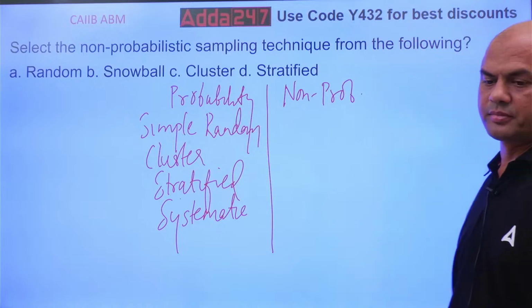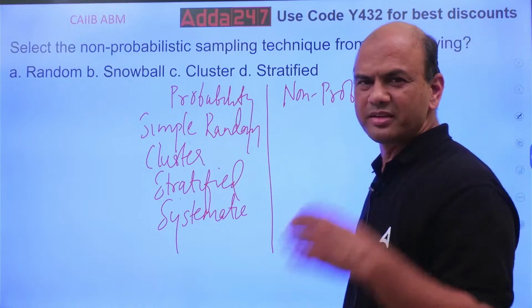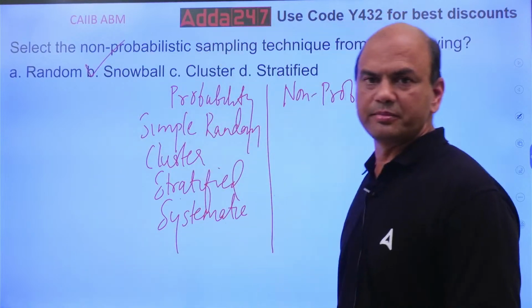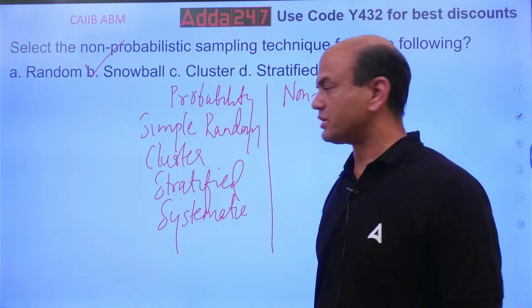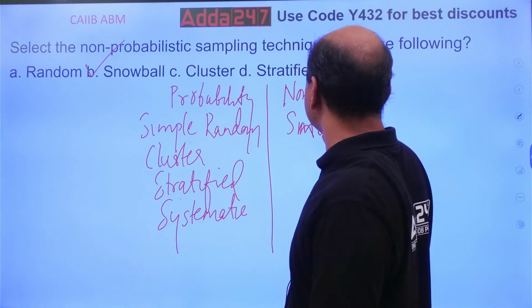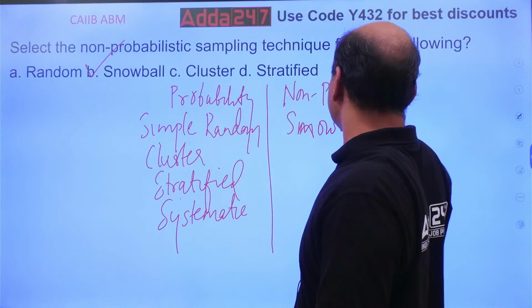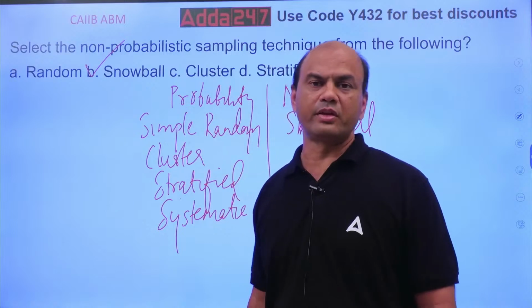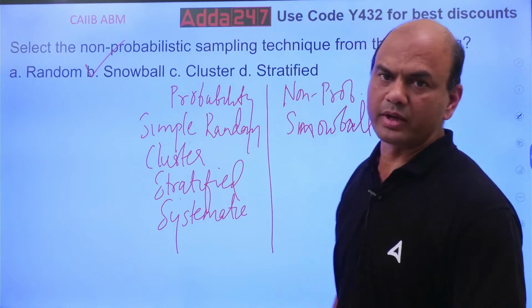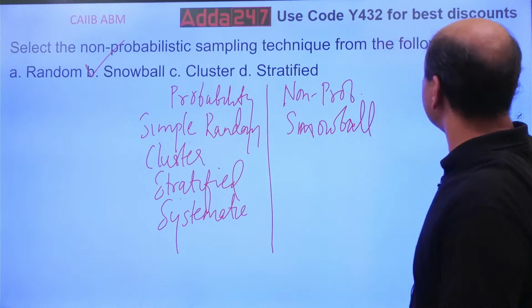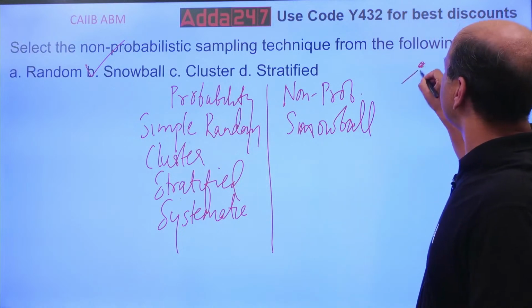And non-probability sampling has many types. Snowball is one of them. This snowball is asked many times in exams. Whenever you do snowball sampling, what do you actually do? You are the main member here, and you have 3 respondents.